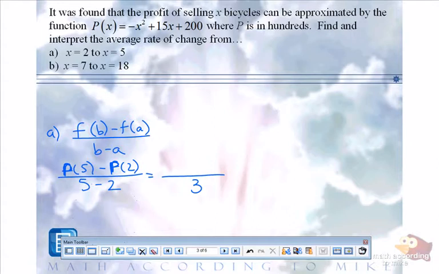So you plug in 5, what do we get? 250, minus, and now plug in 2. So what is 250 minus 226 then divided by 3? Eight.